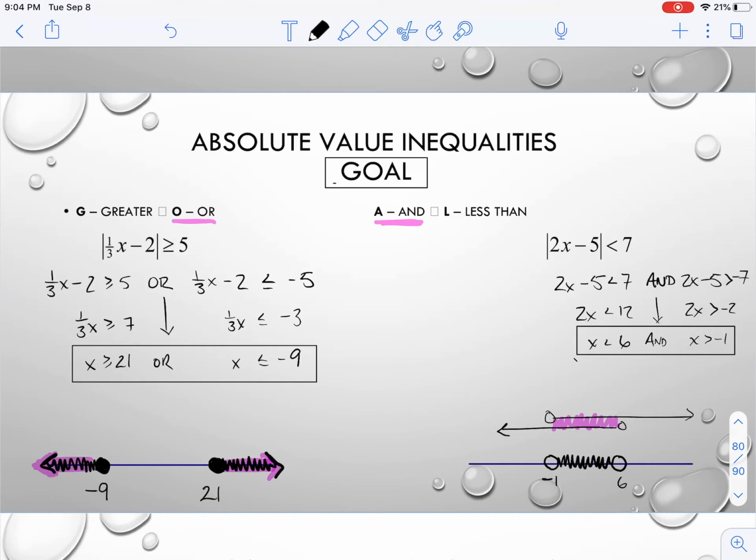Now let me do a slight rewrite of something. If you take a look at the part that I just underlined right there, I have 2x minus 5 greater than -7. I want to rewrite this in the other order. So I want the -7 on the left and the 2x minus 5 on the right.